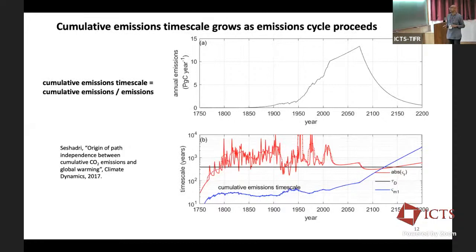And so the cumulative emissions timescale really typically increases with time, and it's fairly large compared to the other timescales when emissions are small in the decreasing phase, not in the increasing phase, because in the increasing phase, cumulative emissions has not accumulated. So cumulative emissions is growing together with emissions. In the decreasing phase, cumulative emissions has accumulated, emissions have come down, so the cumulative emissions timescale grows up. In other words, it's hard to grow cumulative emissions any further.